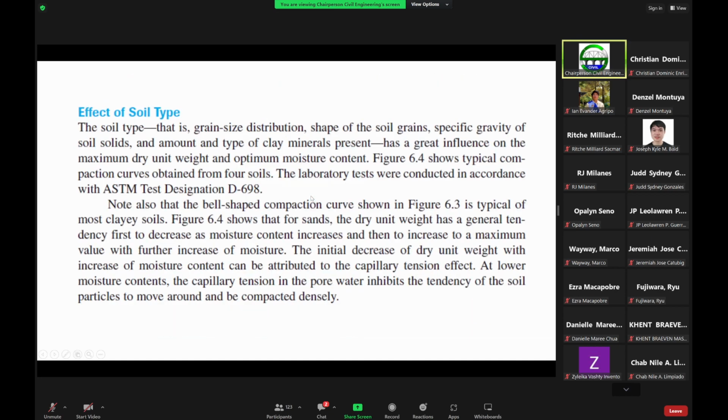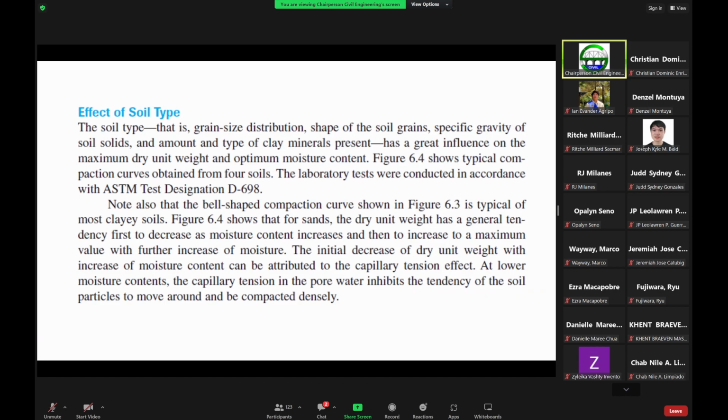So let's now consider the effect of the soil type with respect to the compaction curve. The grain size distribution, the shape of the soil grains, the specific gravity of the soil solids, and the amount and type of clay minerals present have a great influence on the maximum dry unit weight and the optimum moisture content.